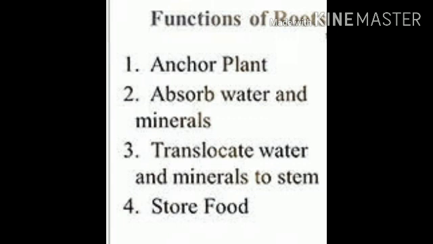The main function include the absorption of water and minerals. Along with this, they help in the translocation of water, stored food to different parts of the plant. And some of the roots help in anchorage, that is nothing but support system.